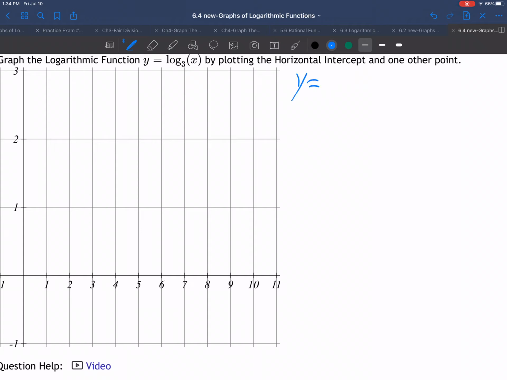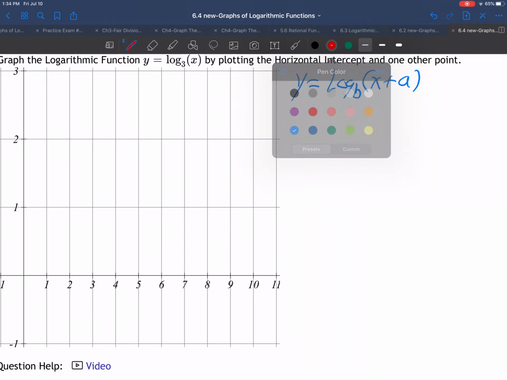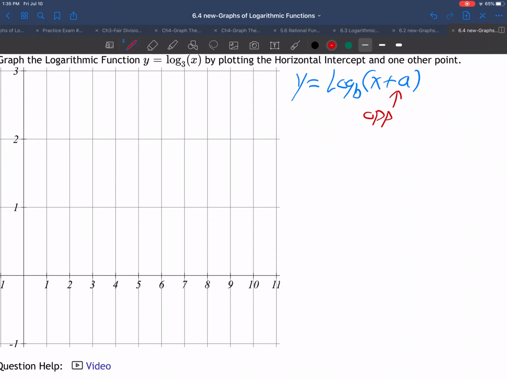So when you graph y equals log base b of x plus a, I'm going to give you a general rule here. The first thing to know is the opposite of the number next to x, negative a, is the vertical asymptote.